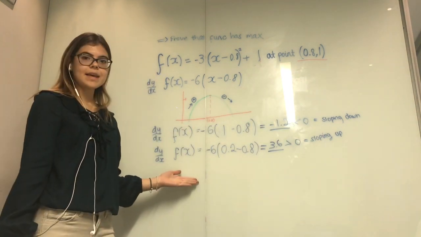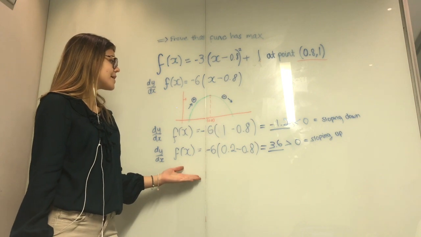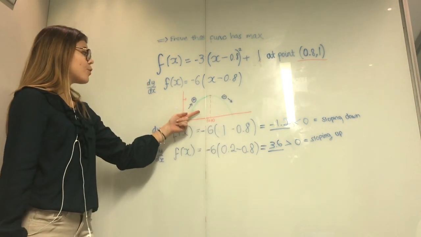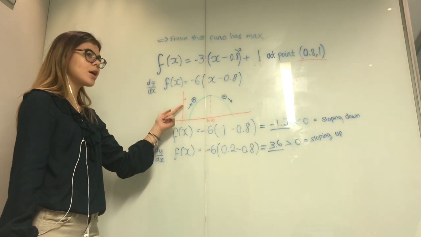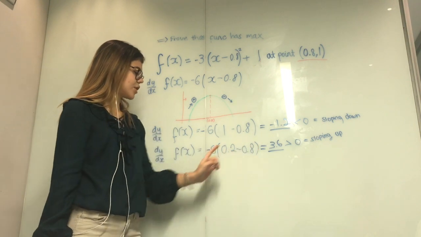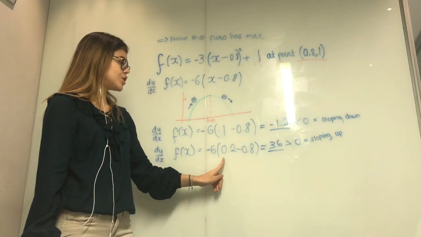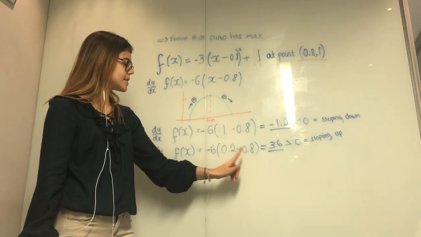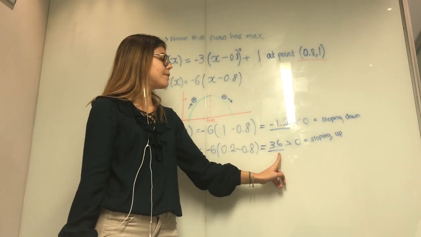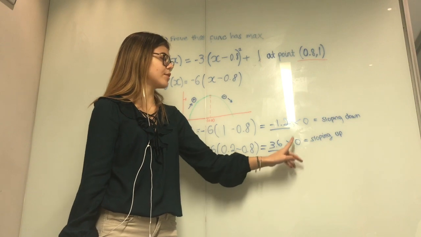We can apply the same concept with a value of x that is smaller than the point, and therefore we can predict that we would get a positive slope for the derivative. Now, plugging it into the function, we would have 0.2 minus 0.8 times negative 6, which would give us a derivative of 3.6, which is bigger than 0.